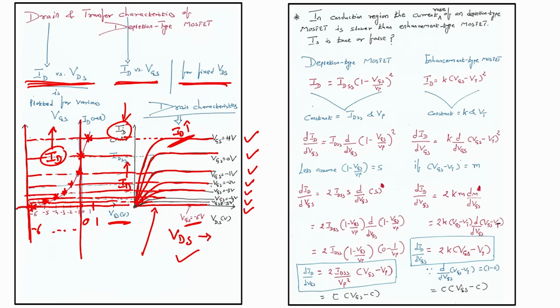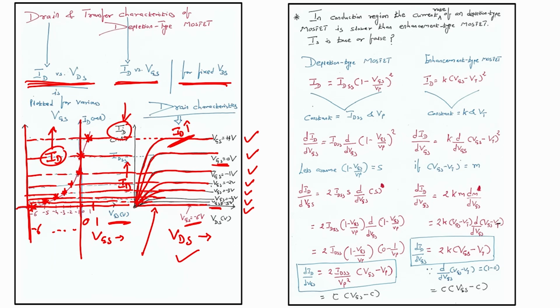Then I have points on this axis just by understanding the current value for a particular VGS value. So, here my plot is ID versus VGS. Again, I can draw the transfer characteristics if I know the drain characteristics, that is ID versus VDS.